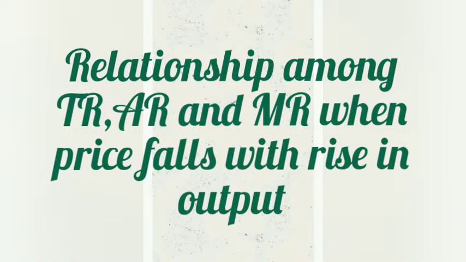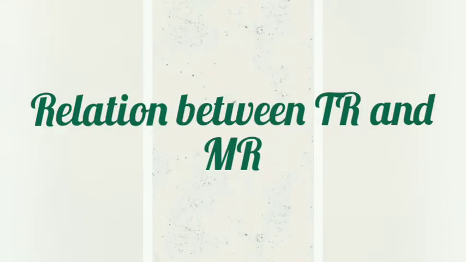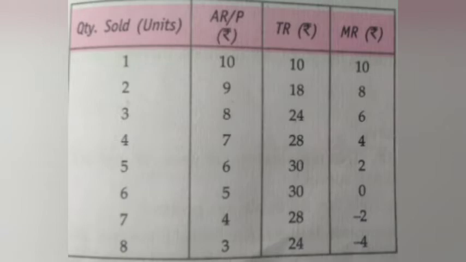The next topic that we are going to cover is the relationship among TR, AR and MR when price falls with a rise in output. Let us first understand the relationship between TR and MR when price falls by using this table. Let us first understand how we get these values.